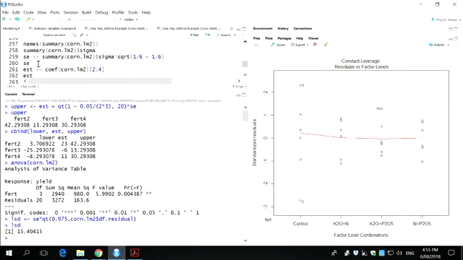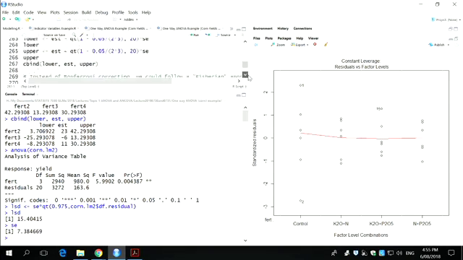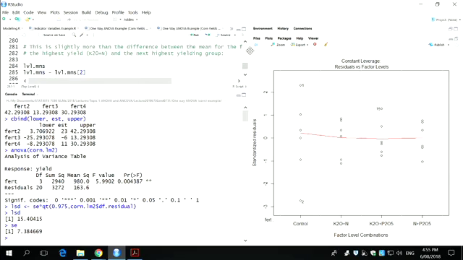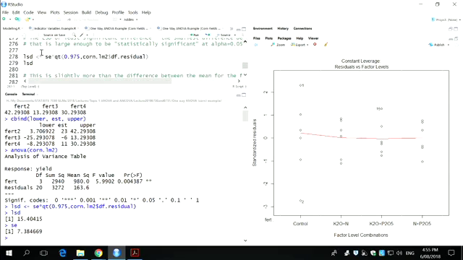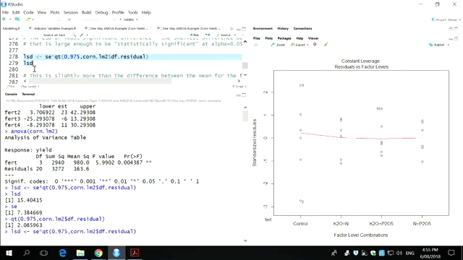Yeah, the standard error here was 7.385. Check my T quantile. Should be about 2.08. That's right. So LSD, yes.